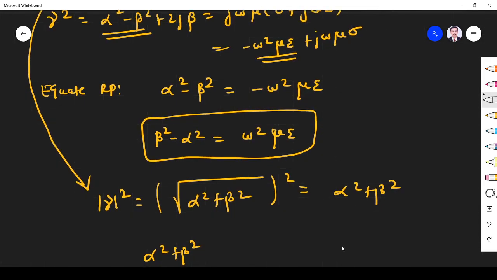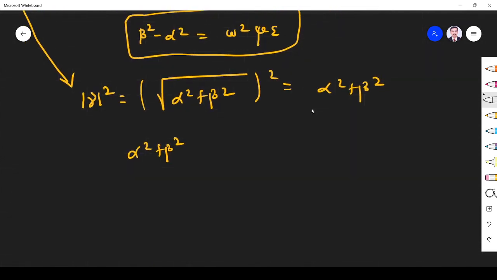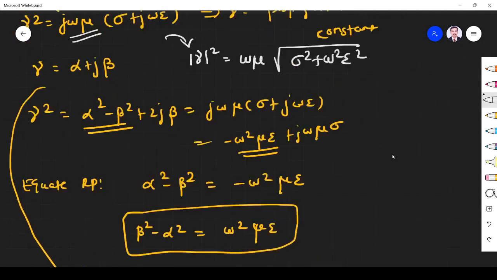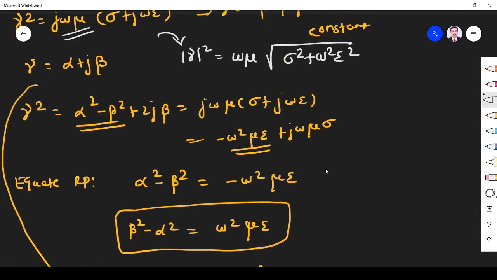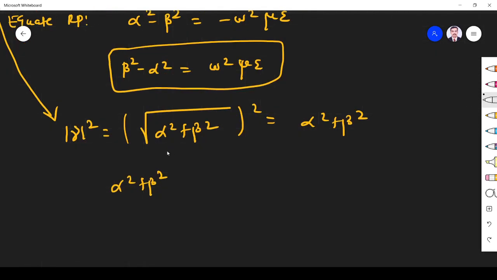Already I derived one expression for mod gamma squared: alpha squared plus beta squared. That is equal to this one, because this is also mod gamma squared. So alpha squared plus beta squared is equal to omega mu times the square root of sigma squared plus omega squared epsilon squared.